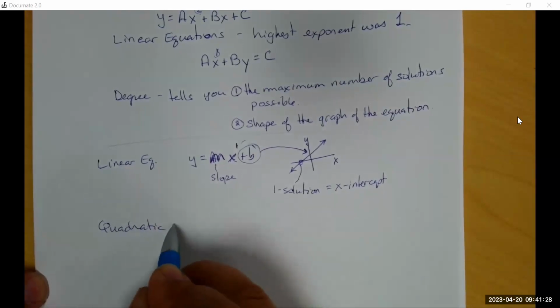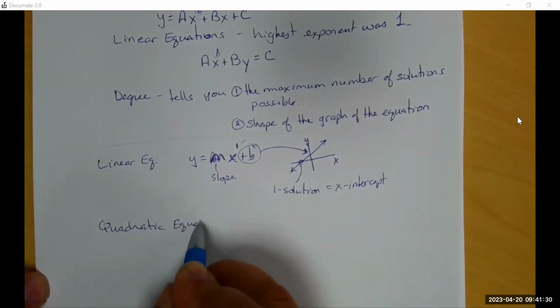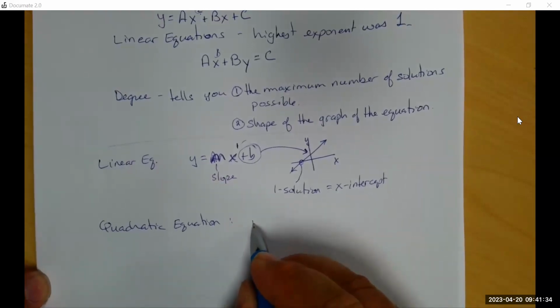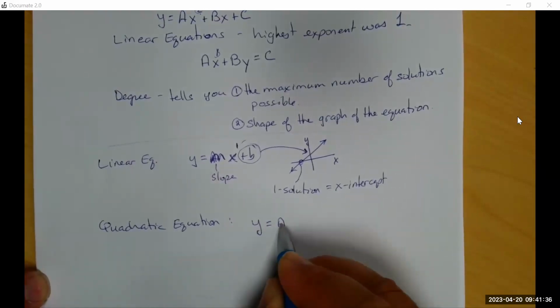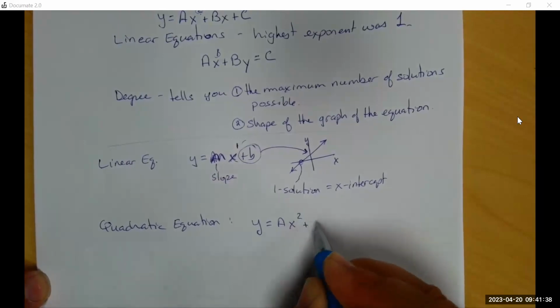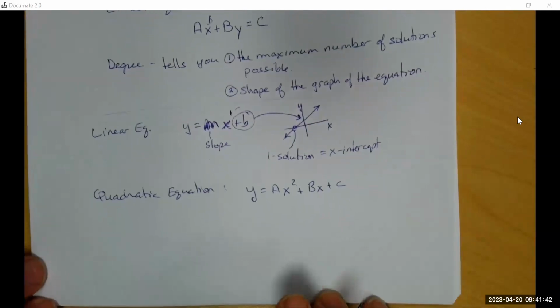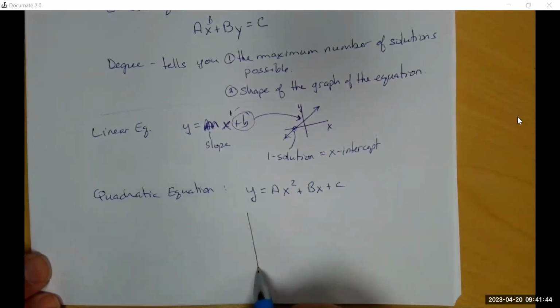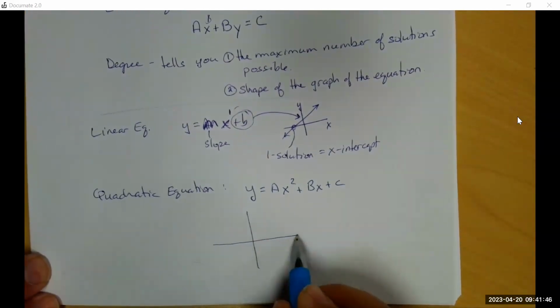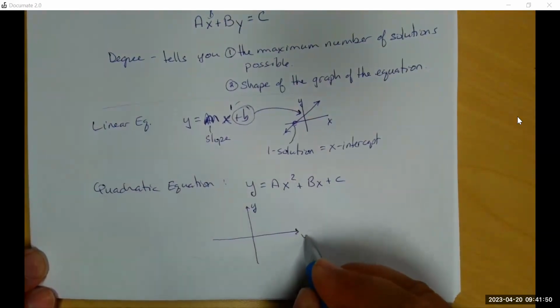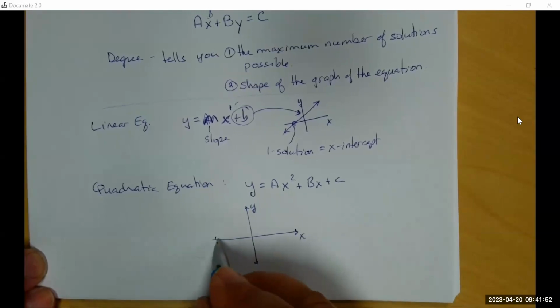Quadratic equation looks like this: y equals ax squared plus bx plus c. That's the y-axis, that's the x-axis.